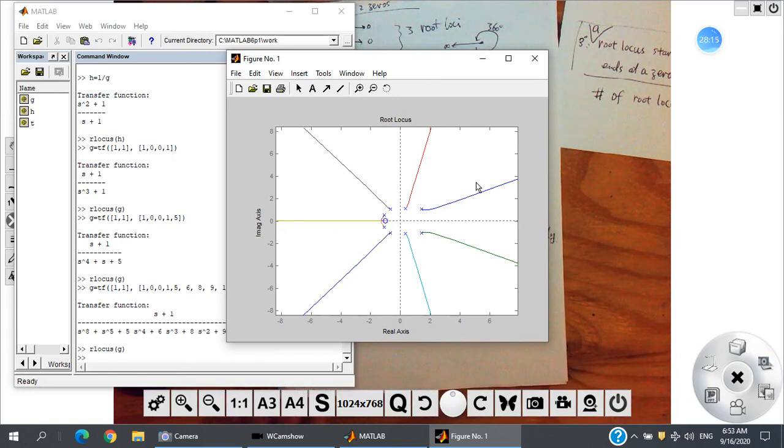And not only the direction. You see, they are symmetric. Not just these going to infinity, all the parts everywhere of these loci are symmetric. So this is another feature, another property. Actually, if A plus Bj is a pole, then we know A minus Bj must be a pole.